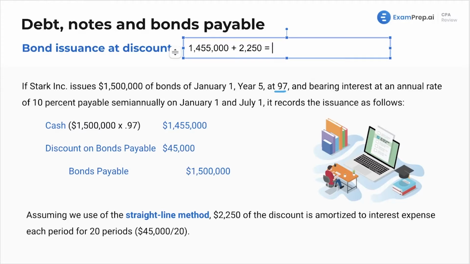Now we're going to see with the premium, we're going to subtract it. We're going to subtract out this inflated cash amount and bring it back to the 1.5 million. That's the process of bringing your carrying amount of the bond back up to the face value, the fair value, right? So let's keep moving forward. You are seeing it here, and you're going to do quite well with it.